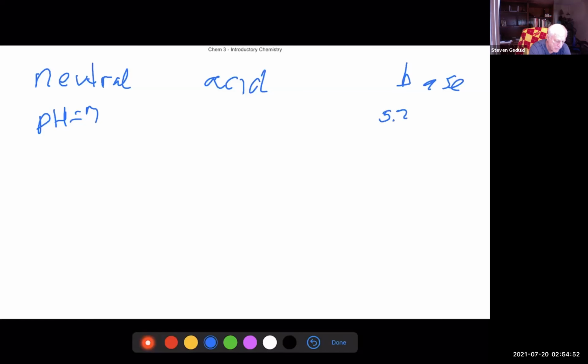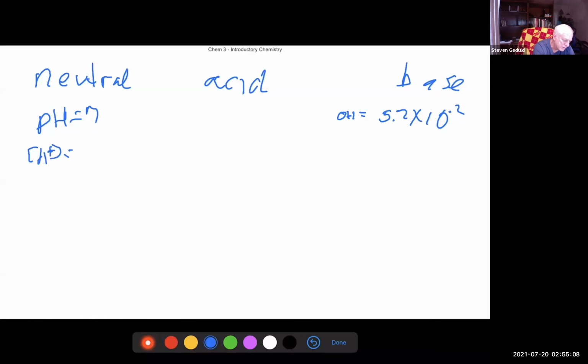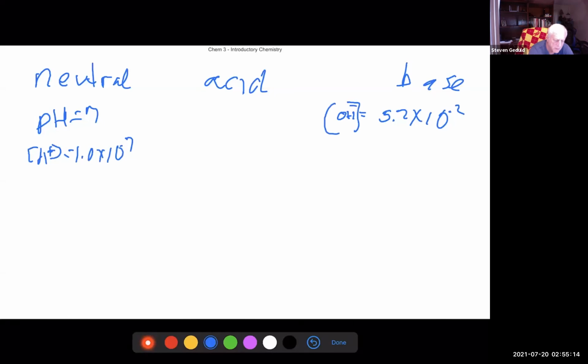Base. Okay. H equals 1.0 times 10 to the minus 7. Neutral. That's OH. I forgot to put OH here. That's H plus. Neutral, perfect. This is your OH minus here. Okay, and H plus equals 2.8 times 10 to the minus 10.